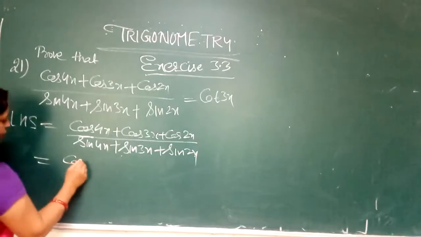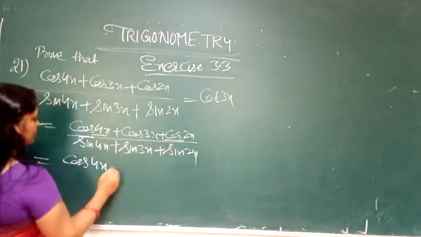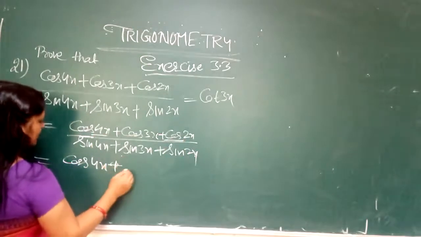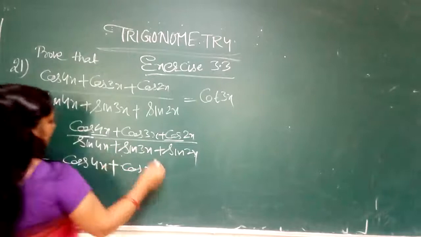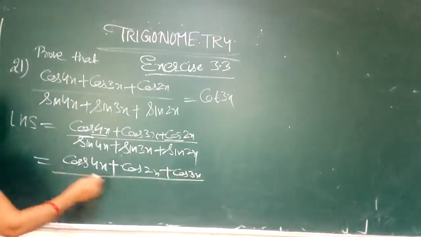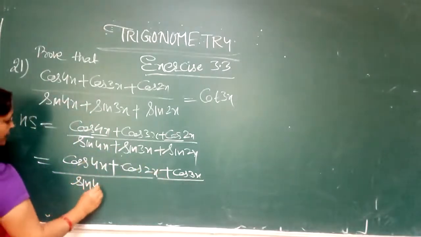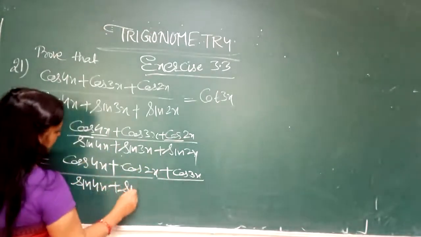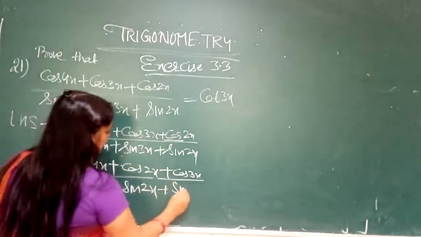So it will come cos 4x, and after pairing, we combine these two terms, cos 4x plus cos 2x, and plus cos 3x at the last. Same in the denominator: sin 4x plus sin 2x, and write sin 3x as the last.